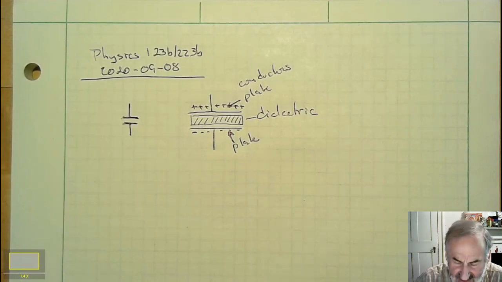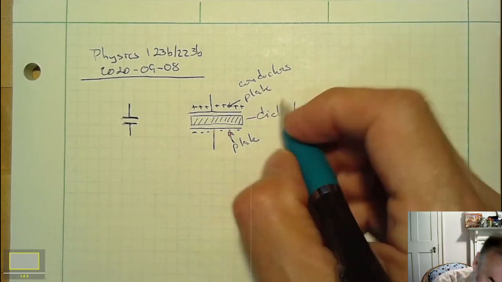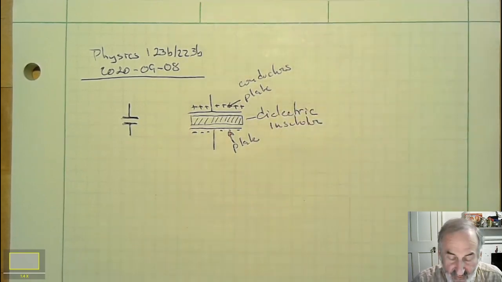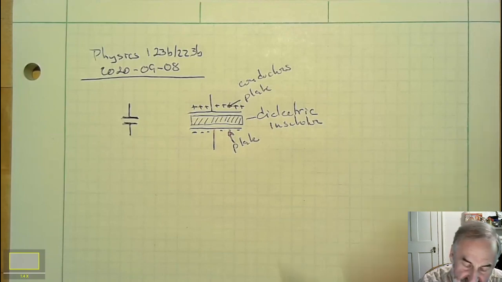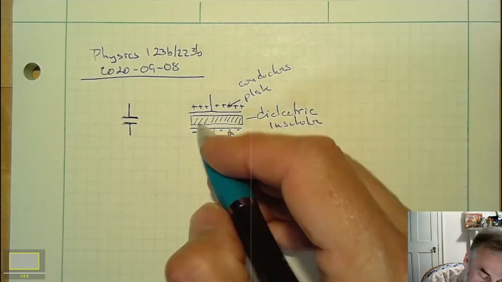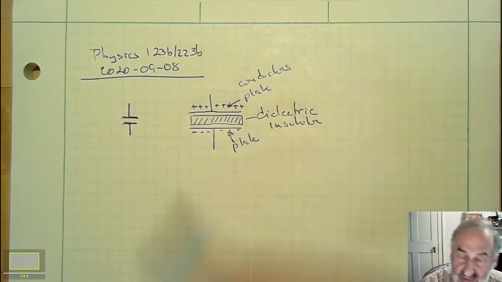And if you think about it, because it's an insulator, if we remove the voltage source that supplied the current to charge these plates, there's nowhere for this charge to go, and it just sits there. And it sits there and creates an electrostatic field between the two plates.